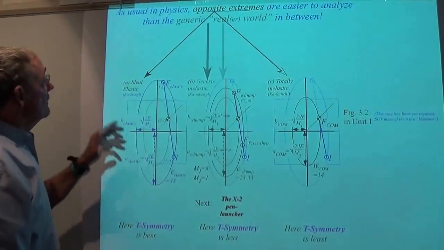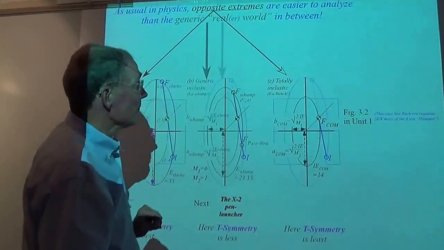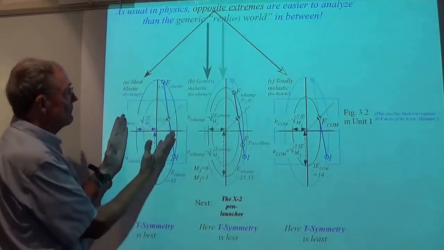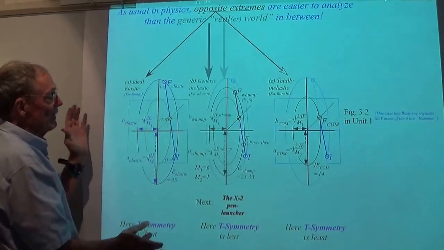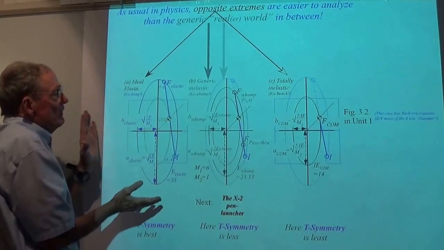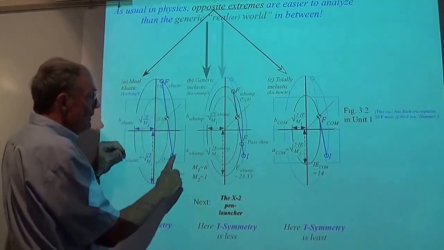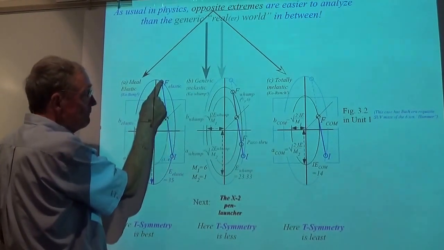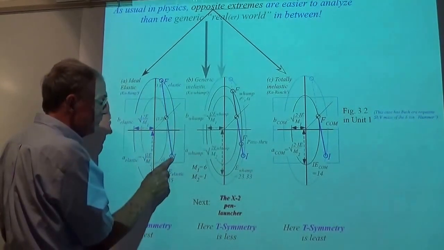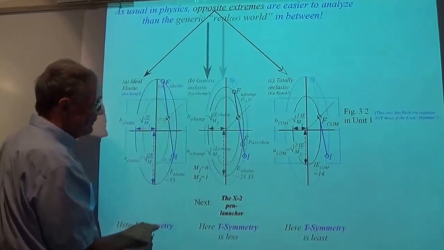So, as I say, this is a usual situation in physics. Opposite extremes. Here's our beautiful T-symmetry, which is best here. Most T-symmetry, where I went from this initial point all the way up to this one and made it to the same ellipse. Started with that much energy, ended with that much energy.